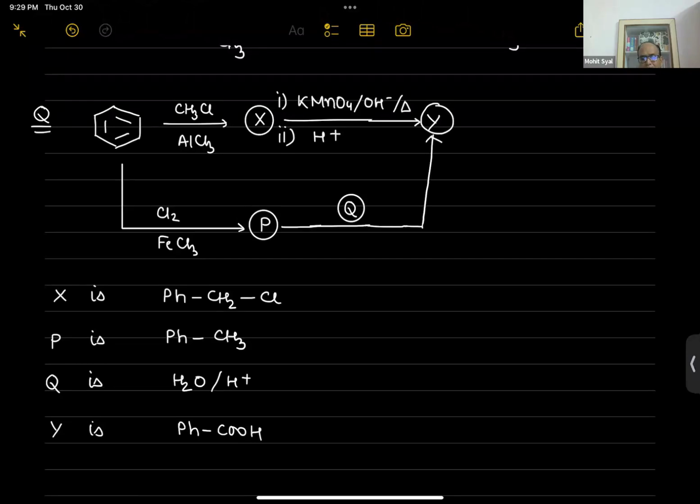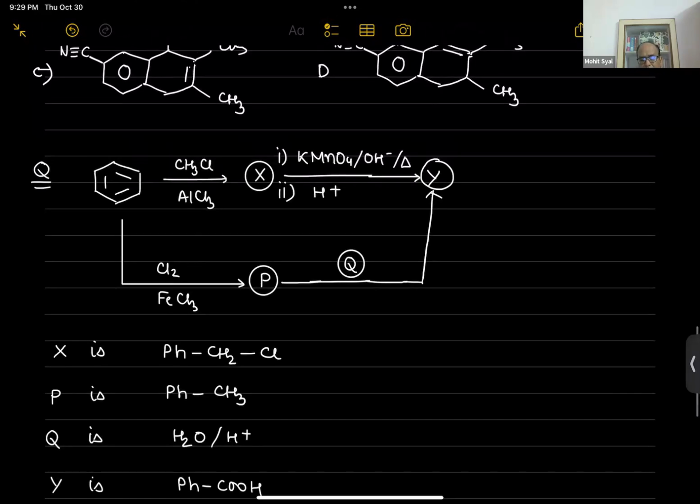So CH3Cl with AlCl3, it is the Friedel-Crafts alkylation. Cl minus will be taken out by the AlCl3. Or if you want to follow the quick approach without getting into the mechanism, remove HCl and connect the methyl group to the benzene.